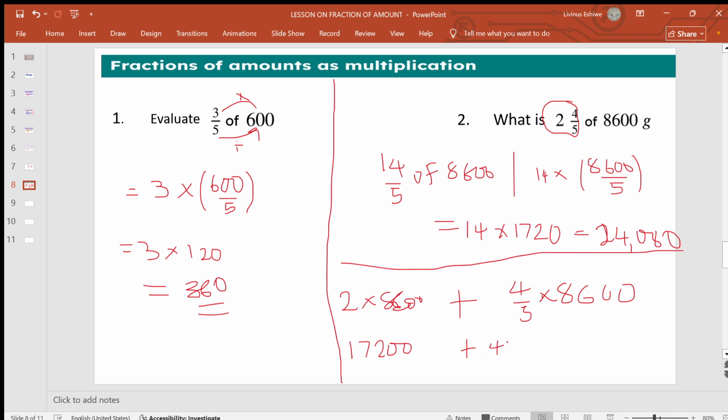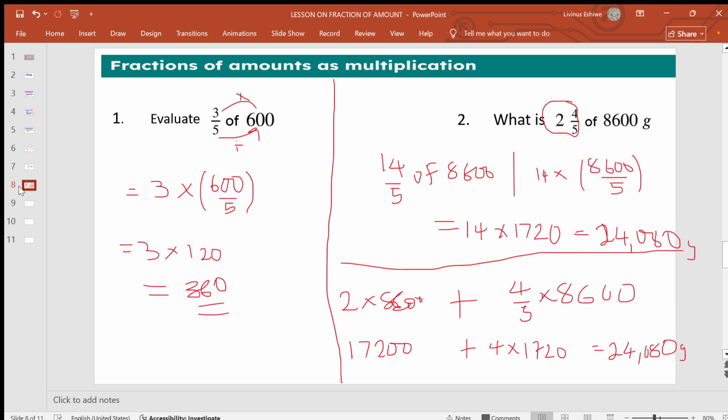That means 4 multiplied by 1720. And when you simplify this further, you have the same answer, 24,080. That's wonderful. Grams. Please don't forget to always put your grams in case of exam. You lose marks if you don't put that.